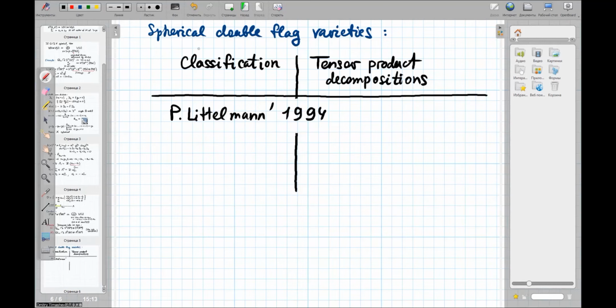So he classified spherical double flag varieties and computed the respective tensor product decompositions in the case where these parabolics P and Q are maximal parabolics in G. Maximal parabolics.